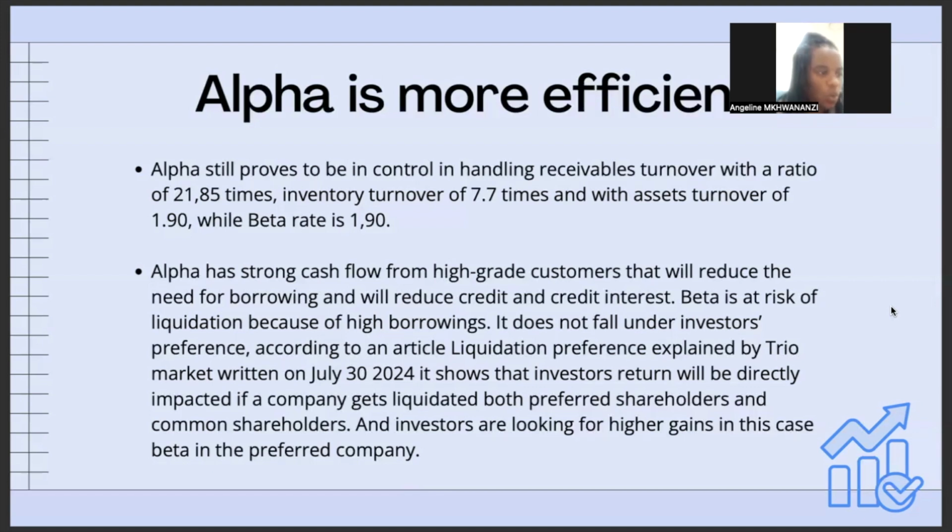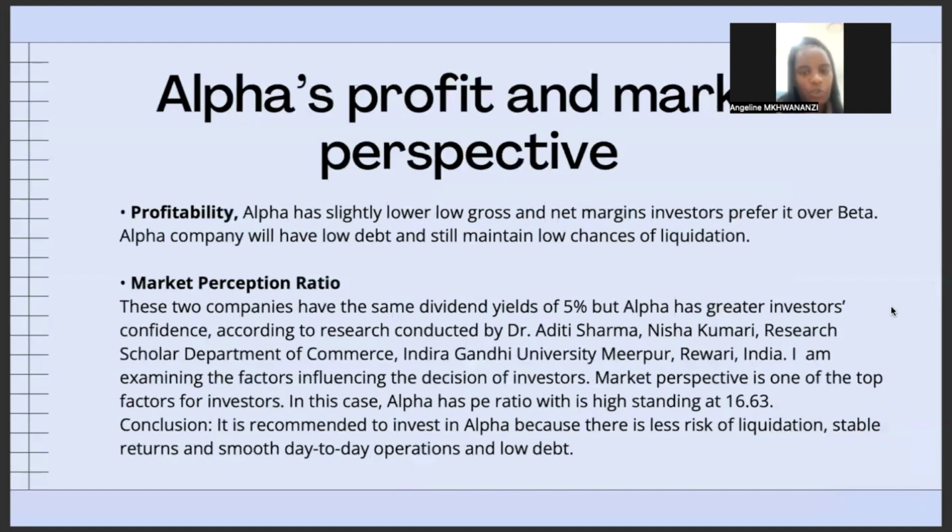And when we go to the market perspective on the next slide, it shows that Alpha, even though it's on my favorite list of investments, has a slightly low gross margin and also net margin, but Beta shows that it has higher gross margins.